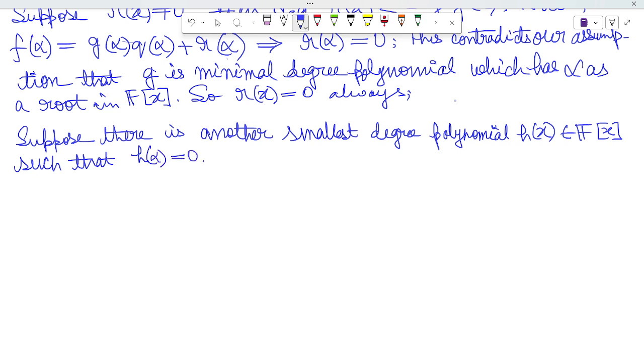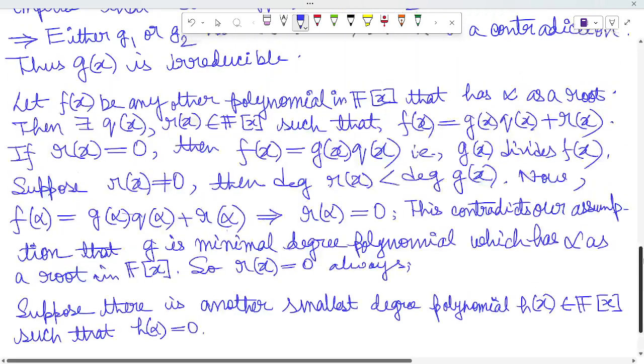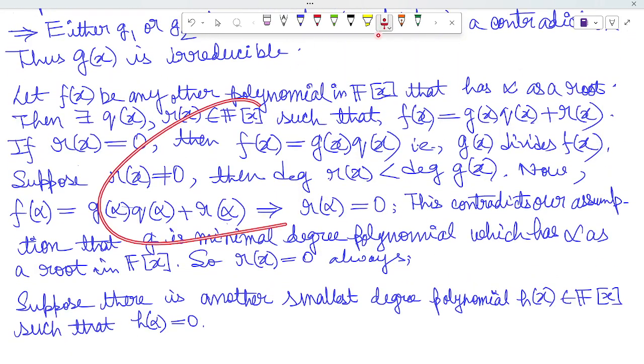But already g is one of the smallest degree polynomials, and from this we can see that if any polynomial has a root at alpha, then g(x) will divide this polynomial.